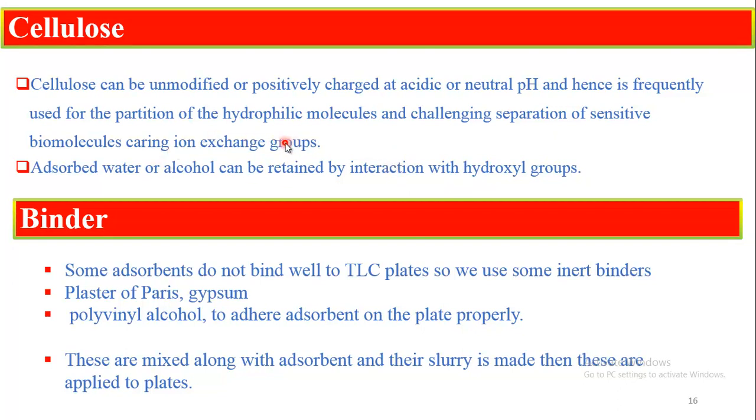And after that we have to use a binder which binds these adsorbents on a TLC plate. Some adsorbents do not bind well to a TLC plate, so we use an inert binder. Plaster of Paris, gypsum, and polyvinyl alcohol, PVA, are mostly used as binders that adhere the adsorbent on the plate properly.